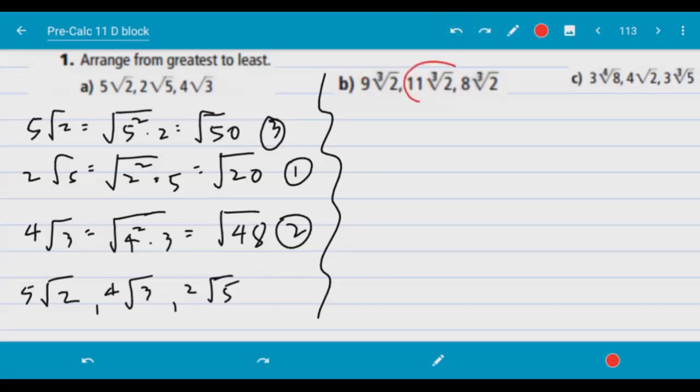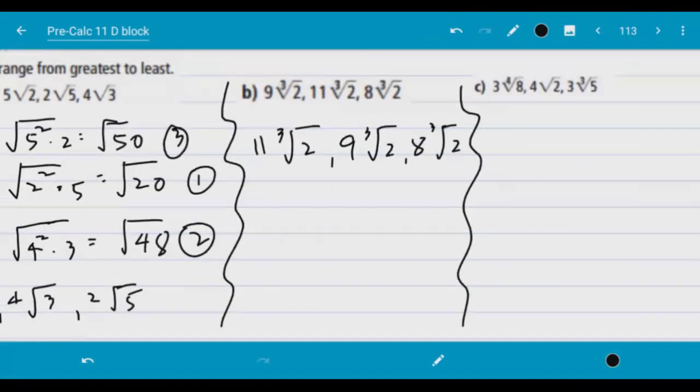Therefore, I think the biggest here is this one. So the first one is 11 cube root of 2. It's the biggest. The next one is 9 cube root of 2. Last one is 8 cube root of 2.